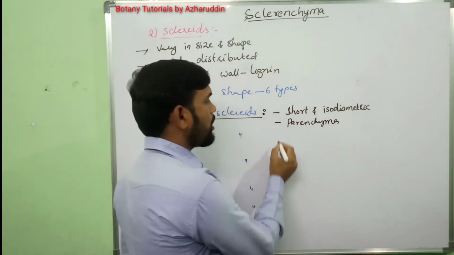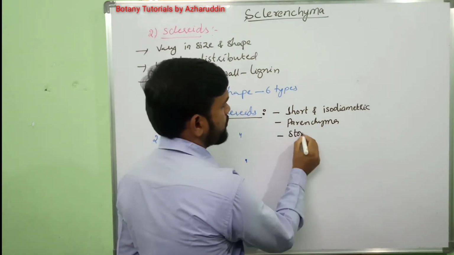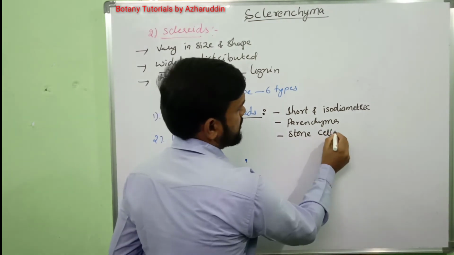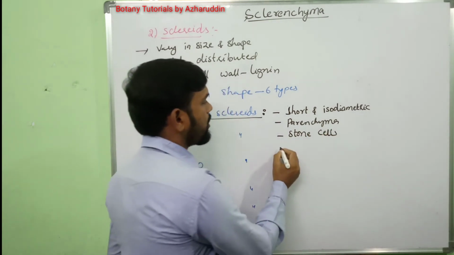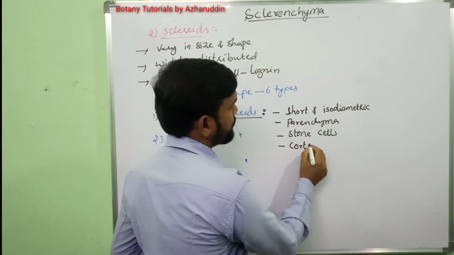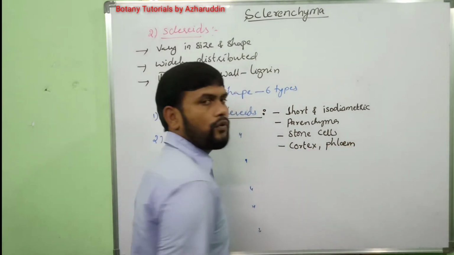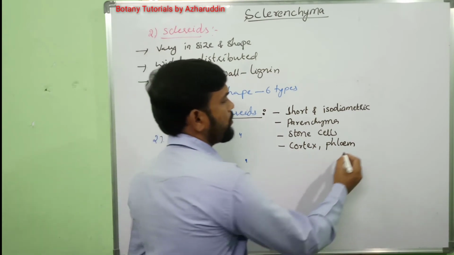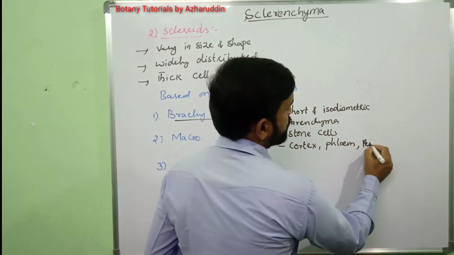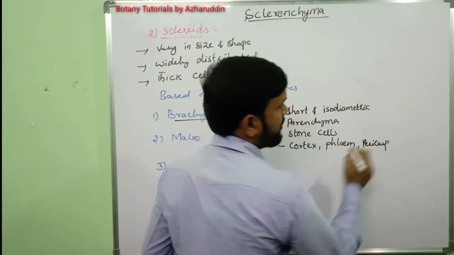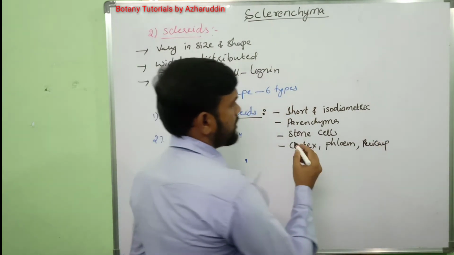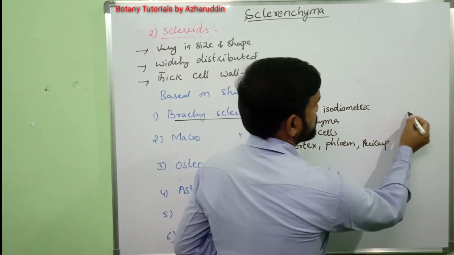They are also called stone cells. They are found in cortex, phloem, etc., and they are also found in the pericarp of fruit. This is the diagram.